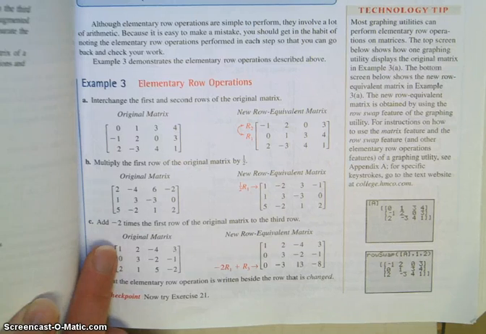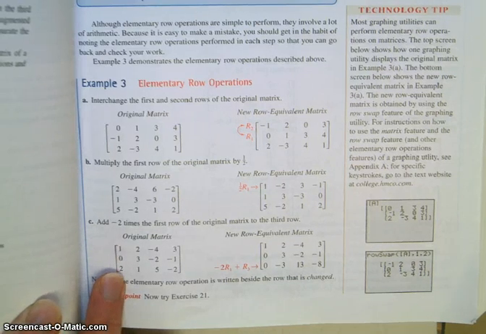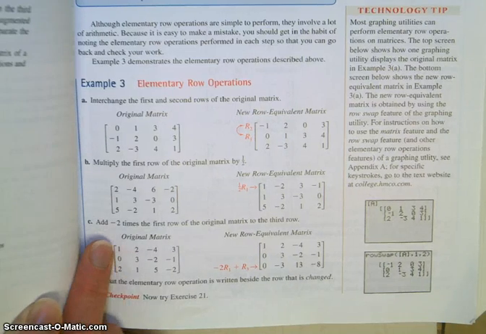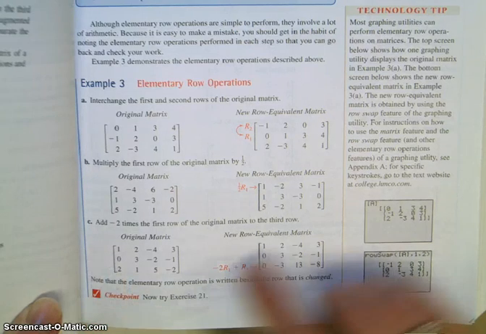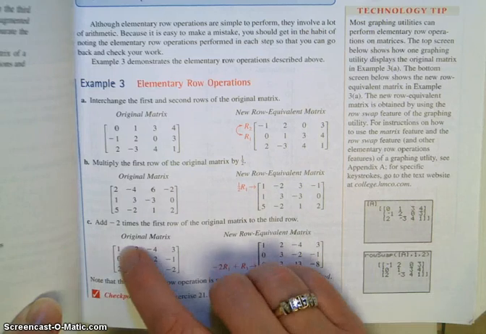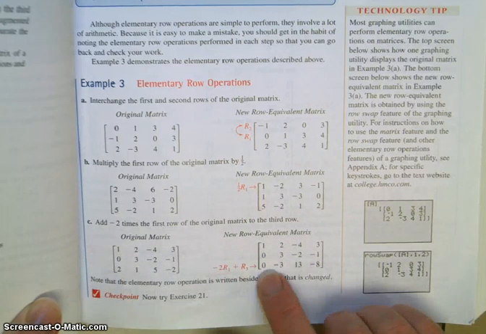If you did negative 2 times this row and added it to the third row, you would have a 0 right in this entry. So that's what they've done: negative 2 times row 1, added to row 3, which gives you a 0.